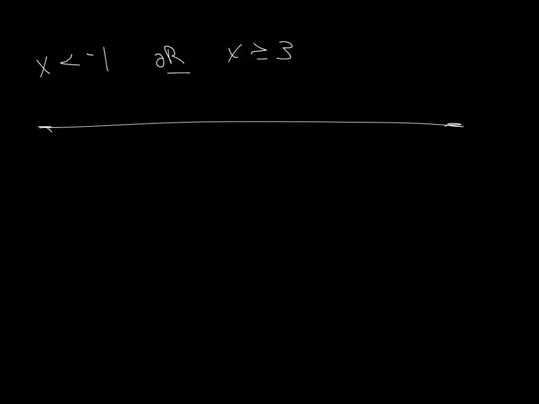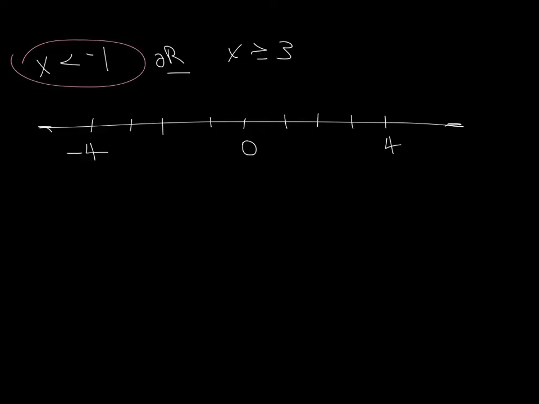Alright, so if I have a graph like x is less than -1 or x is greater than or equal to 3, and I were to graph this, so that's -4 and that's +4.